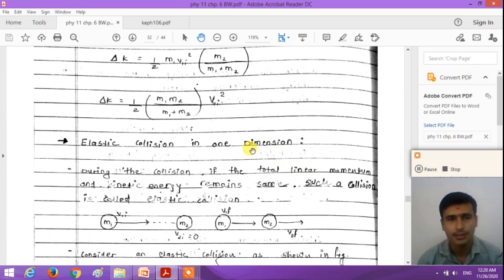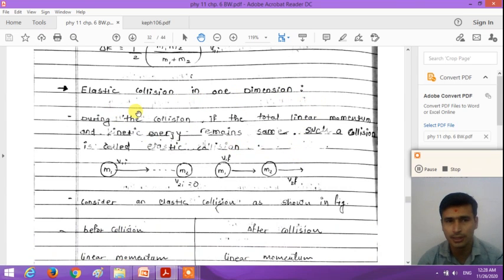Instead of that, in an elastic collision in one dimension, the total linear momentum and the kinetic energy remain the same before and after the collision. So in a collision, if the total momentum and the kinetic energy remain the same, the collision is said to be an elastic collision.